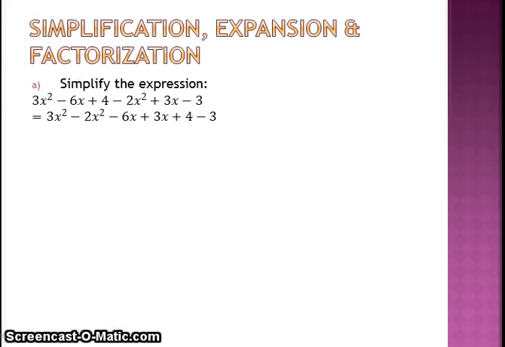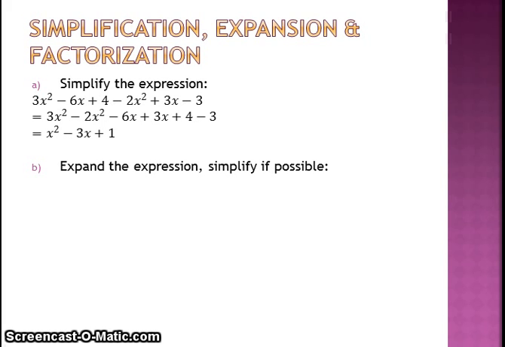Start with the x squared terms, 3x squared minus 2x squared, followed by the x terms, minus 6x plus 3x, followed by the numbers, 4 minus 3. That equals x squared minus 3x plus 1.